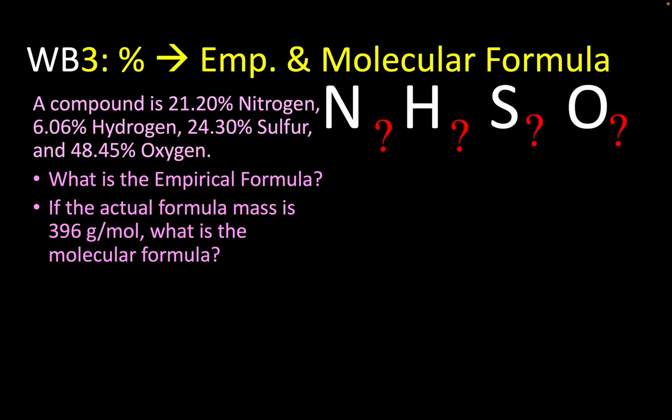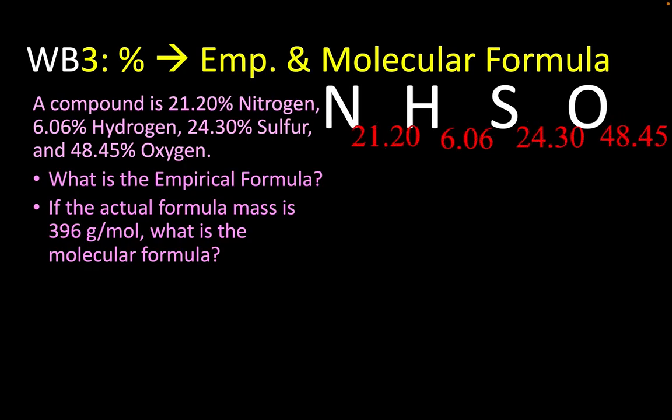You'll also see empirical and molecular formulas. And remember, we're looking to change either percent or grams data into a count of how many nitrogen, how many hydrogen, how many sulfur, and how many oxygen in this example. Whether you're given grams or percent, it doesn't matter.